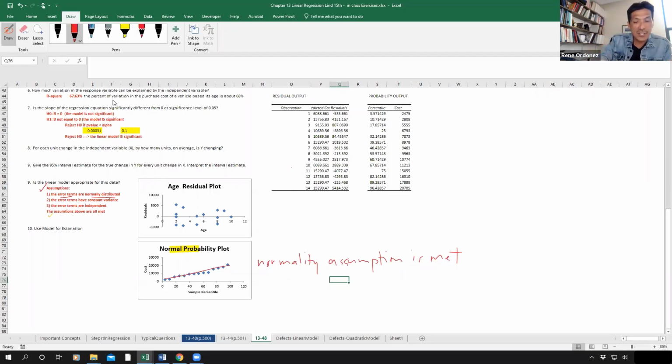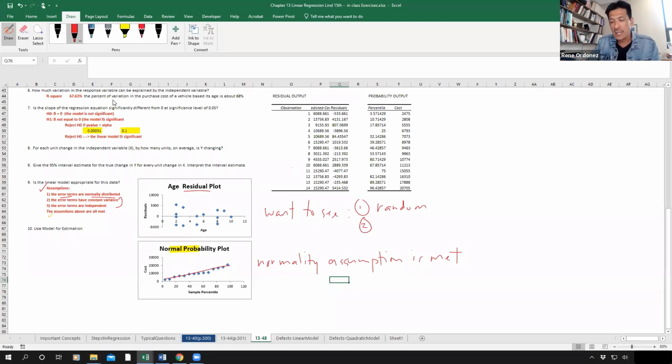Then we will have to test the constant variance and independence. Normally they come hand in hand. So for these two assumptions, we will be using this residual plot. All right. What we want to see is, one, the plot is random, meaning no pattern.